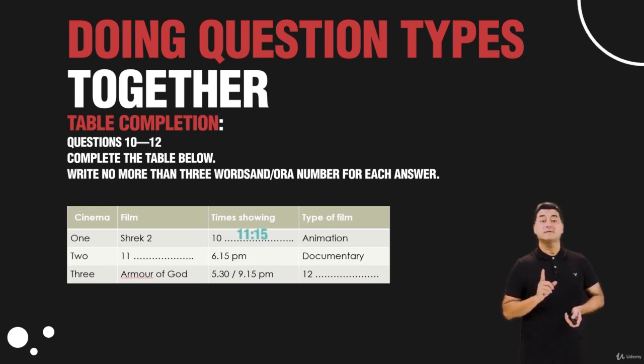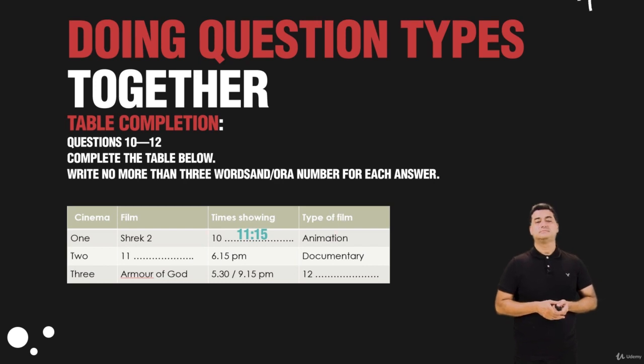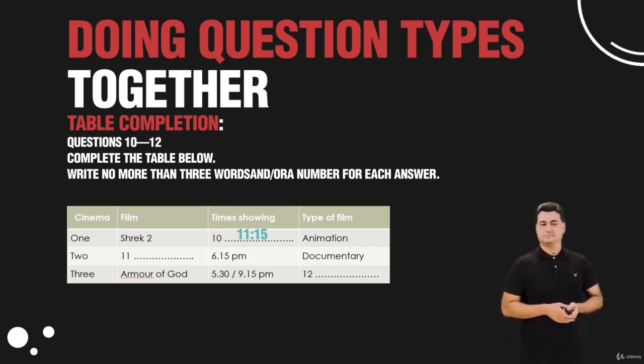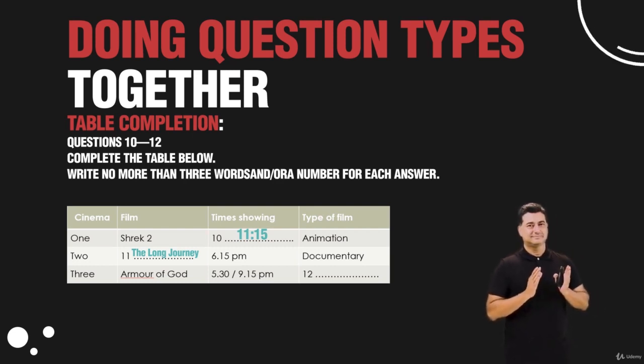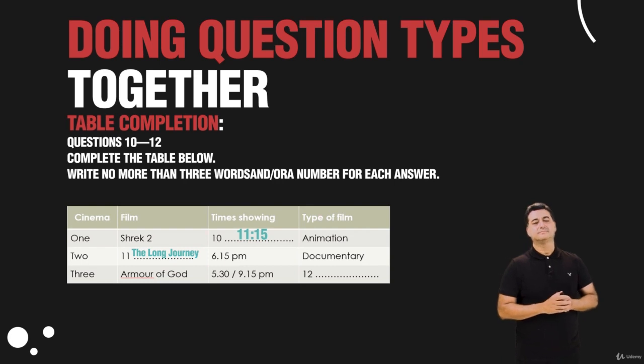This is an animated fairy tale suitable for all the family. In Cinema 2, we have the award-winning documentary The Long Journey, commencing at 6:15 p.m. Don't miss this extraordinary first-hand account. In Cinema 3, by popular demand, the Jackie Chan favourite Armour of God, commencing at 5:30 p.m. with a repeat performance at 9:15. This is Jackie Chan at his best in a classic action film.